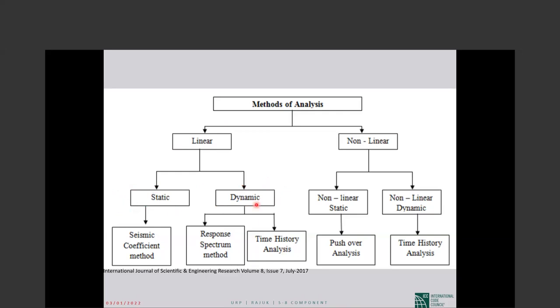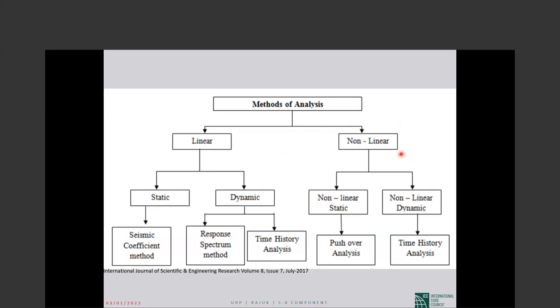If mass and stiffness irregularity exists, it is better to go dynamic. If not lots of mass or stiffness irregularity exists, we can go with static. If there is lots of irregularity in strength, it is better to do nonlinear.